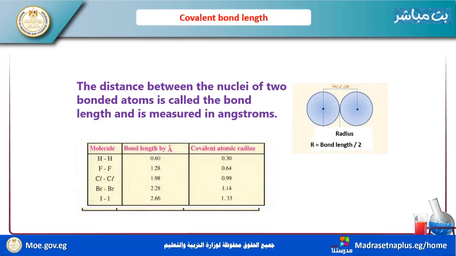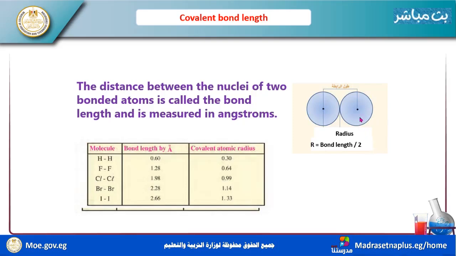Covalent bond length: if you calculate the covalent bond length of two atoms in a diatomic molecule, the distance between the nuclei of two bonded atoms is called the bond length and is measured in angstroms. An angstrom is a unit equal to 10 to the power negative 10 of a meter.